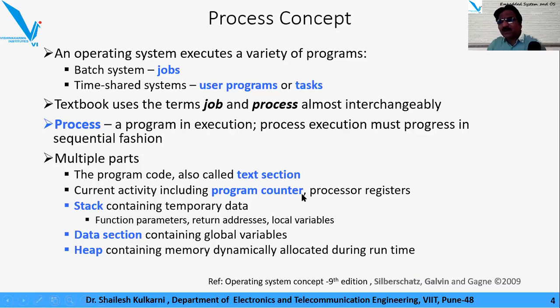What is the role of the program counter? As we know, the program counter is used to keep track of the execution of an application, or the execution of the program. As for the processor registers, everything that is to be executed in the processor needs the help of a structural resource called a processor register. Last time also I gave you a very simple example.